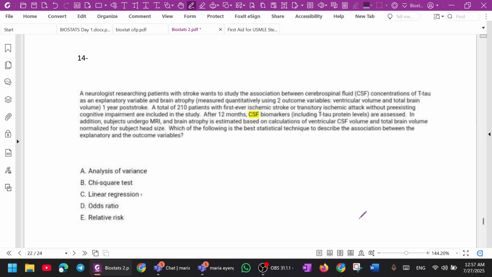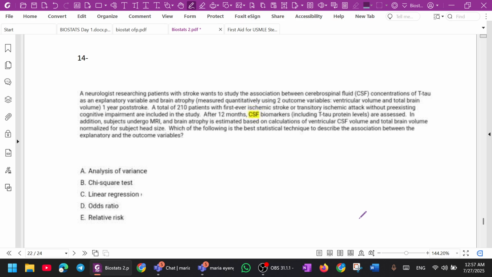A total of 210 patients with first-ever ischemic stroke or transient ischemic attack without pre-existing cognitive impairment are included in this study. After 12 months, CSF biomarkers including tau protein levels are assessed.